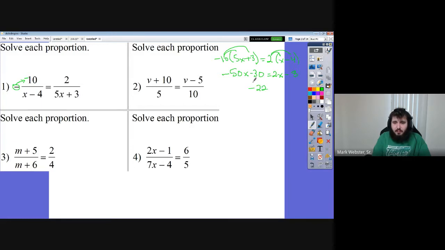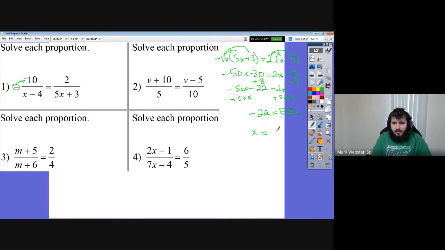Add the 8 to both sides. We're going to add the 50 to both sides. Then we can divide the 52 over.